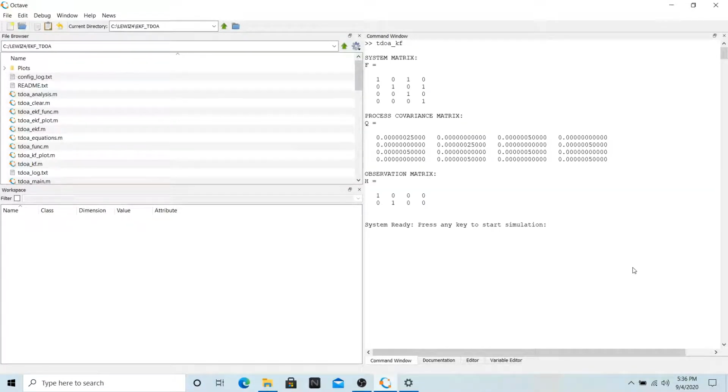In the first scenario, we will use the linear version of Kalman filter. Even though the TDOA measurements are non-linear in nature, we can first convert the measurements into x and y coordinates and then feed these noisy x and y coordinates into the Kalman filter to get the best estimate of the position at any given time. Now I will start the simulation.